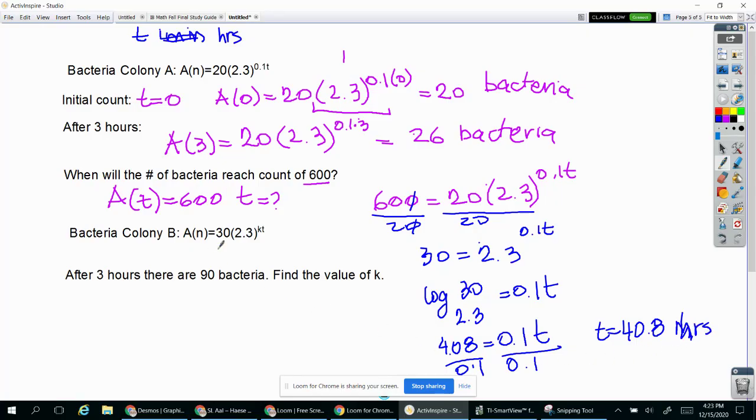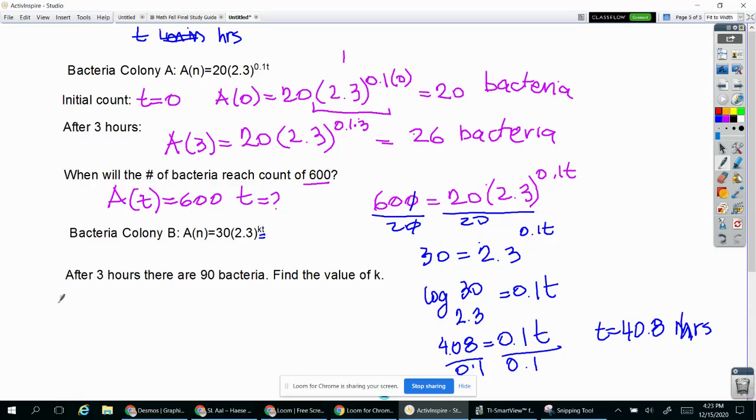So now we have the second problem. The second part, a different bacteria colony, starting with a different initial value and has the same base, 2.3, but we do not know what k is. They're telling us at 3 hours there are 90 bacteria. So let's see what k is going to be.